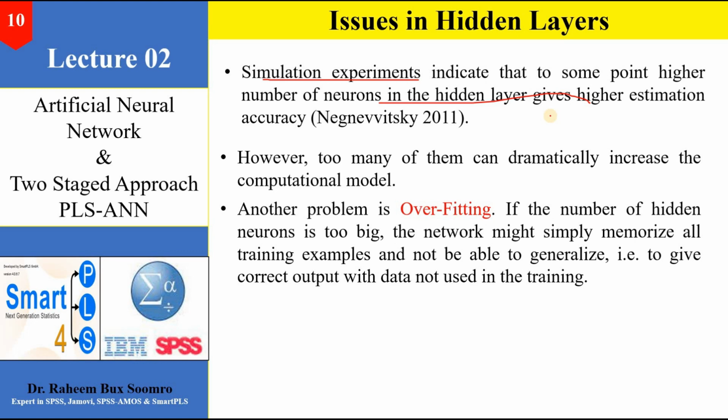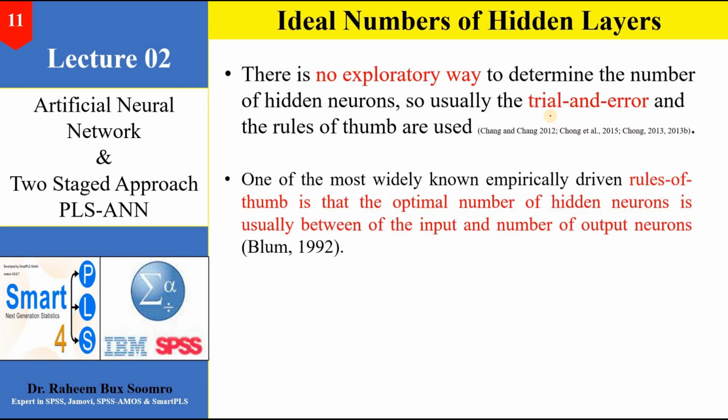Already I told you that if the IVs are 8 and the DVs are 2, the hidden layers will be created from 3 to 7.